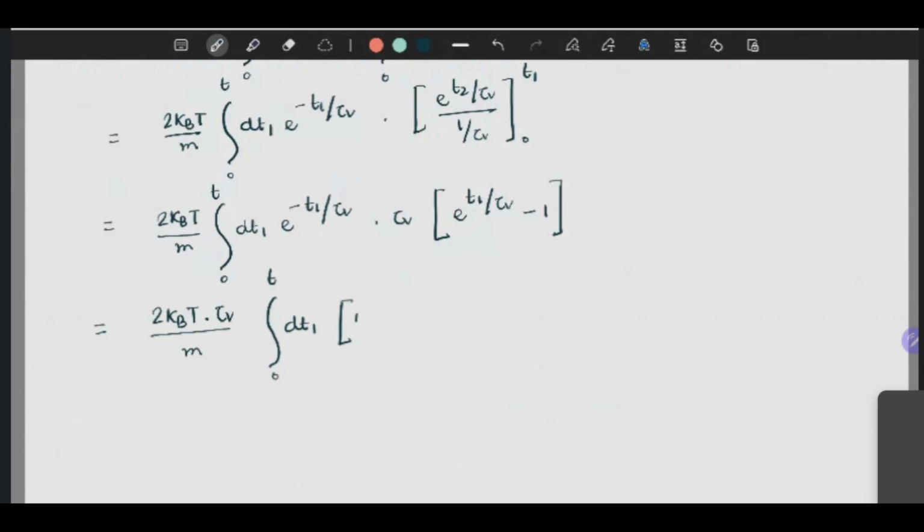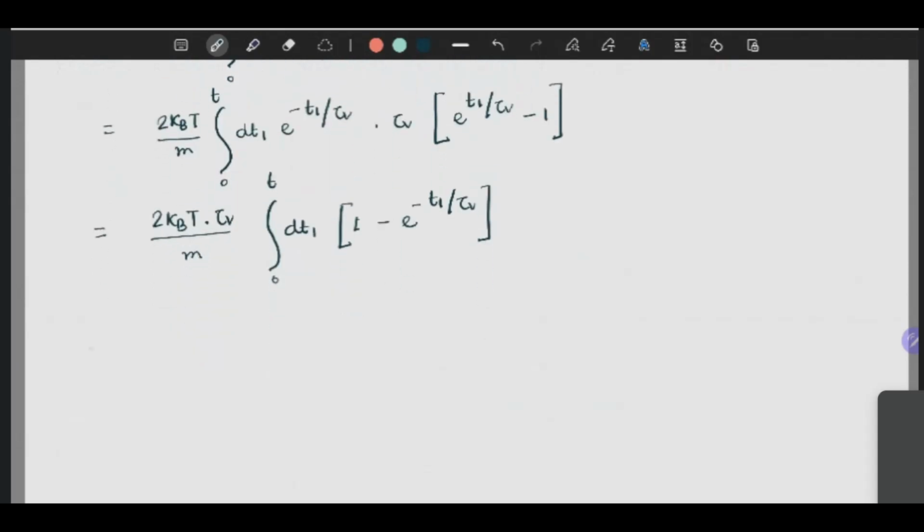First it is 1 minus e to the power minus t1 by tau v. For the first term it becomes 2 kBT, tau v is m by gamma, so m cancels out, and for the first term it will be t1, minus, minus e to the power minus t1 by tau v divided by minus 1 by tau v, limit 0 to t.